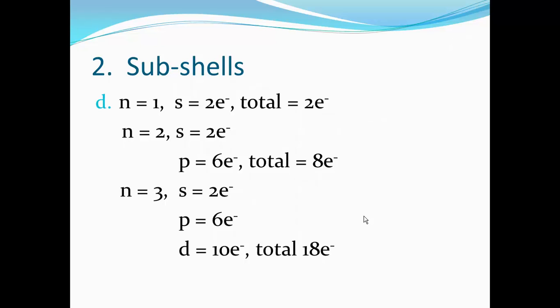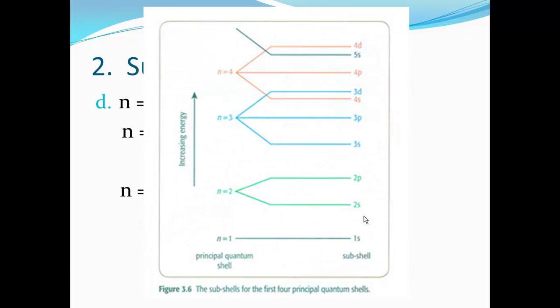So how the shells fill. Energy level 1 is just an s orbital, holds 2 electrons, hence hydrogen and helium. Energy level 2 holds a total of 8, which is broken down into an s and a p. 2 in the s for lithium and beryllium, and then 6 in the p for boron through neon. Energy level 3 does the same thing, 2, 6, and then 10 for the transition metals.